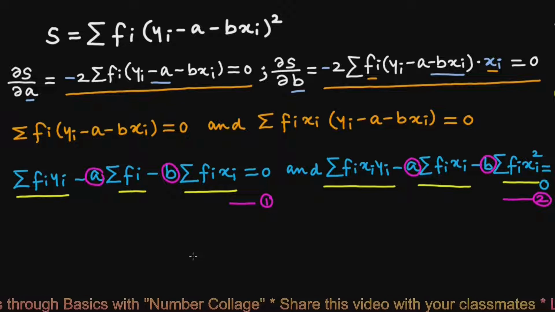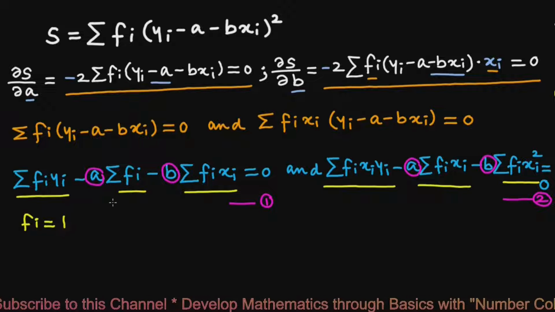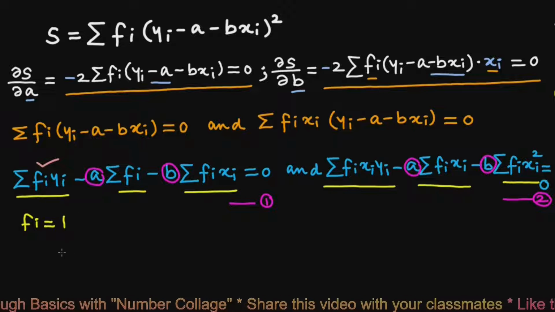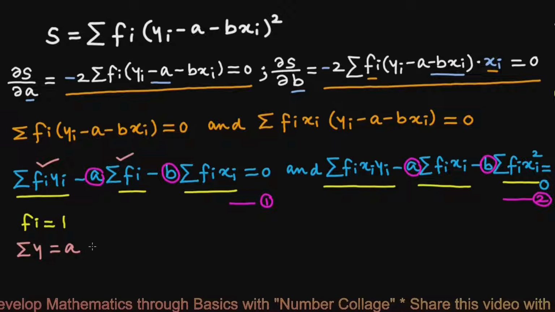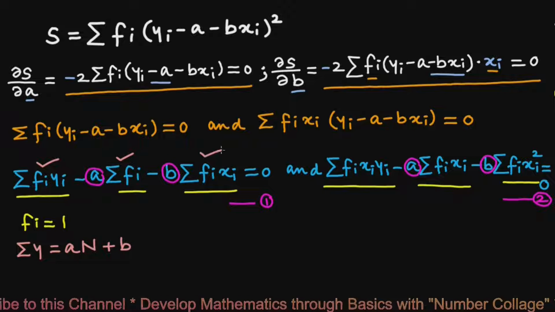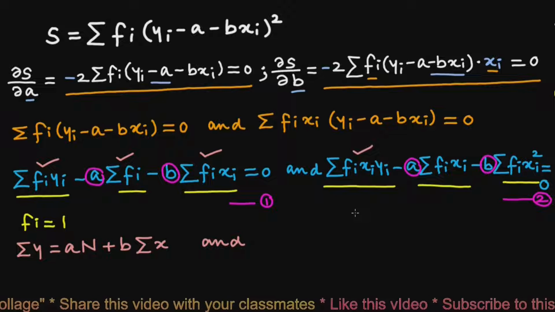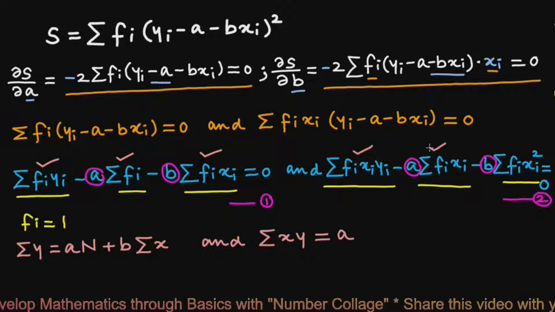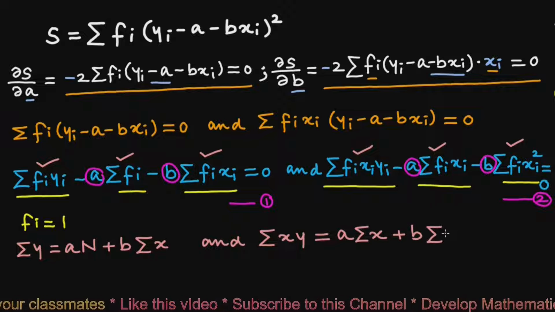In particular, if all the values occur only once, that is, if fi is 1 for all the i's, then the above equations take the form summation y equals a times n, which is the sum of frequencies, plus b times summation x, and summation xy equals a times summation x plus b times summation x square.